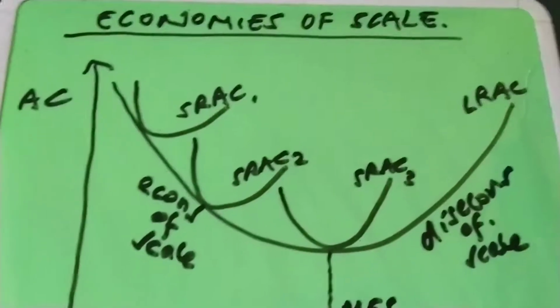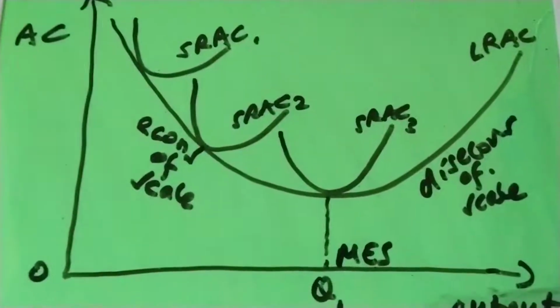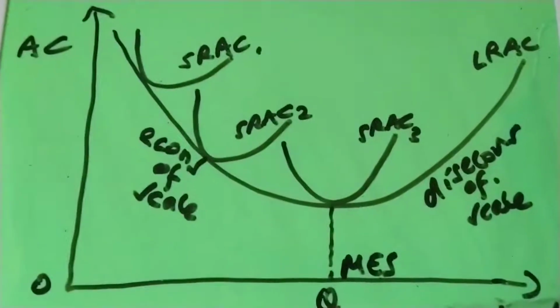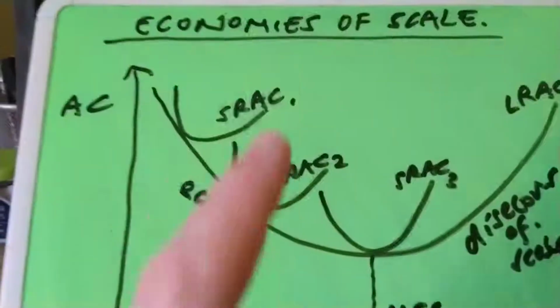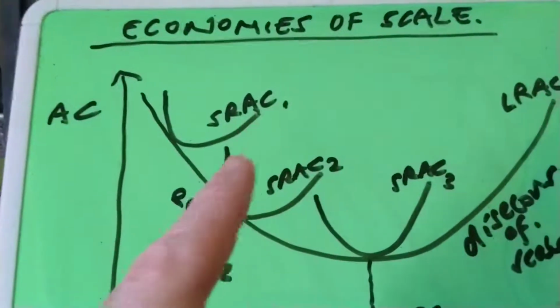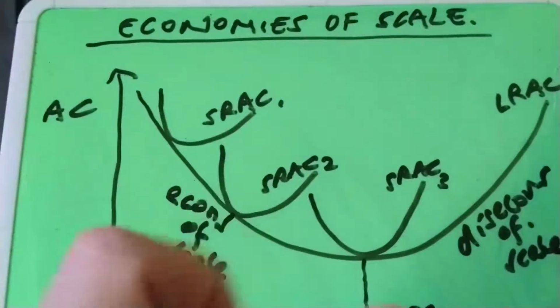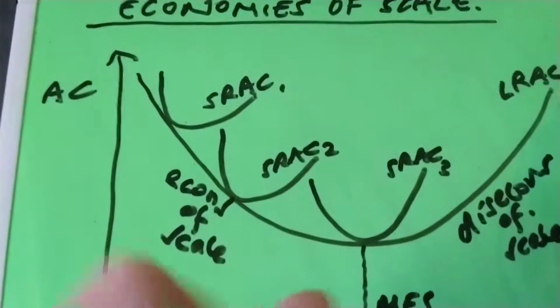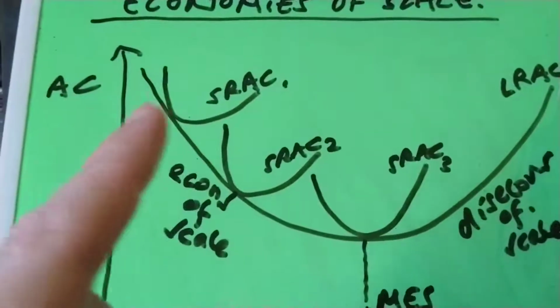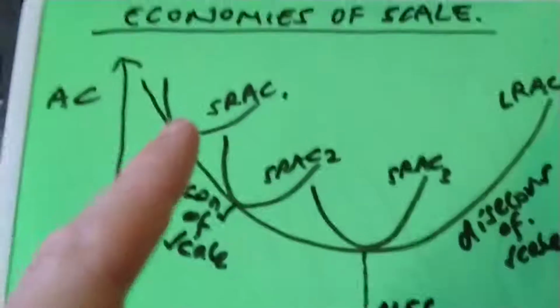Now you're probably wondering what those other three little U-shaped curves are. That links this idea to the short run cost curves that you've been studying. So here's a short run average cost curve. You've been studying those in micro with Ms. Rogers, and that shows that the average cost of production in that short run is quite high and the level of output is quite low.